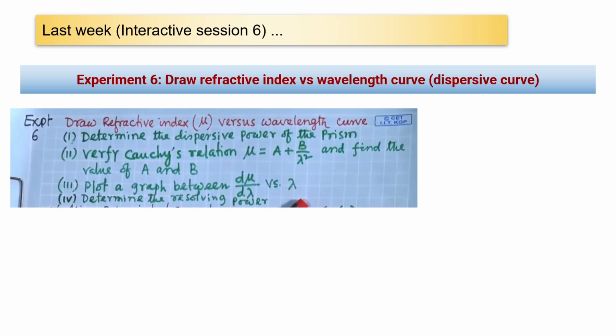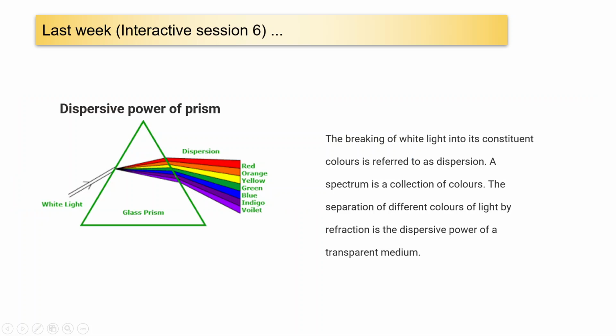That's why when the white light comes out of the prism, we see all 7, because for those 7 different wavelengths the refractive index of the same prism material is different, and thus their bending is different. We call that phenomenon dispersion, and this refractive index as a function of wavelength is known as the dispersive curve. So this was another experiment.